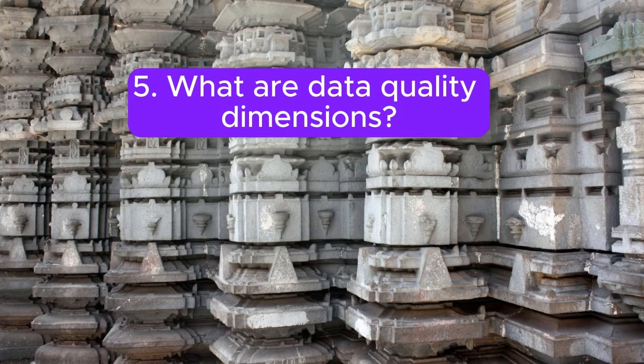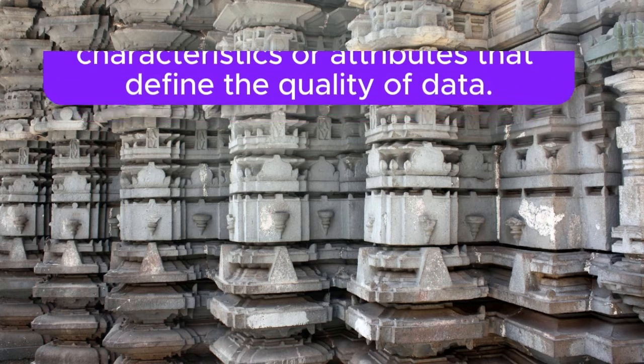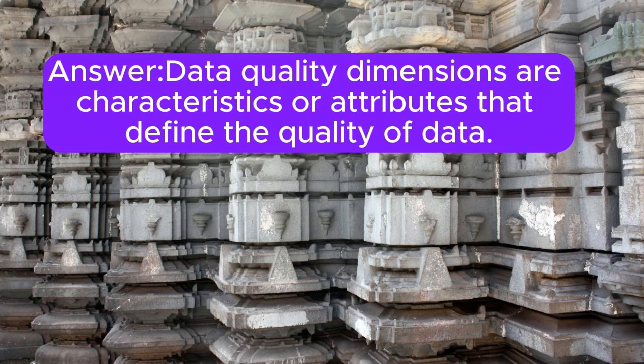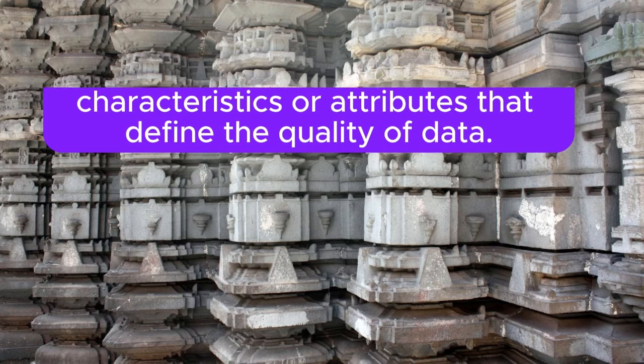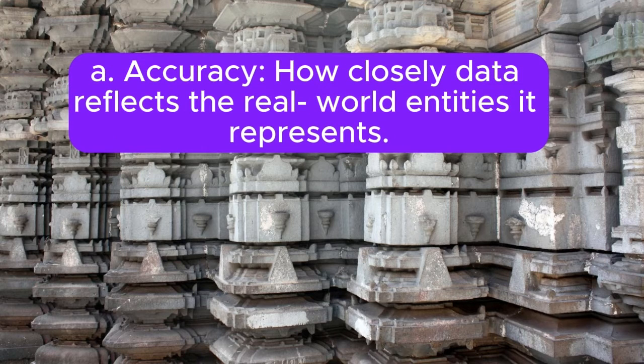5. What are data quality dimensions? Can you name a few examples? Answer: Data quality dimensions are characteristics or attributes that define the quality of data. Some common dimensions include: A. Accuracy, how closely data reflects the real-world entities it represents.